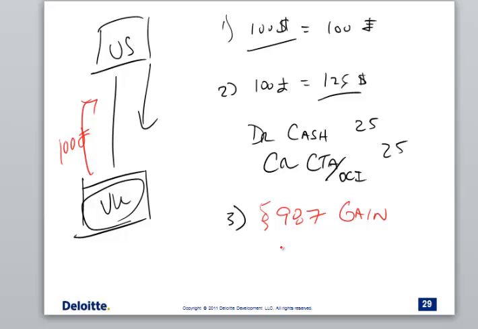So for tax purposes, we got $125 back as a remittance. But we had only invested 100. So we had a 25 gain. That gain is translation, right? But we realized it. So it's taxable.